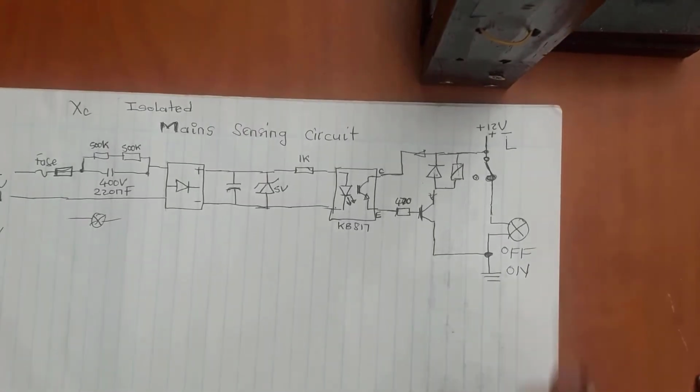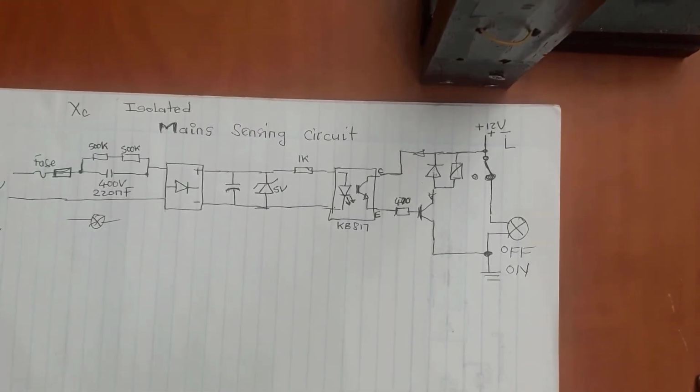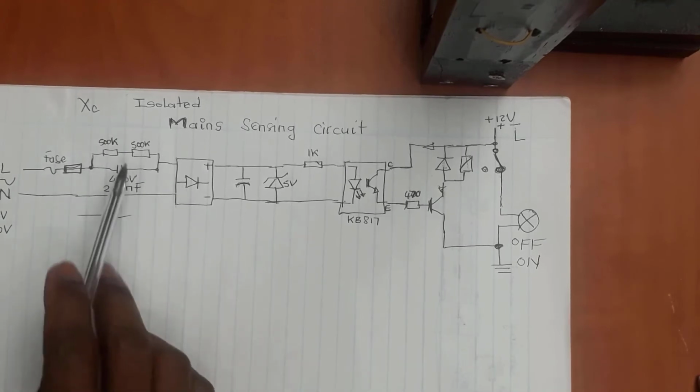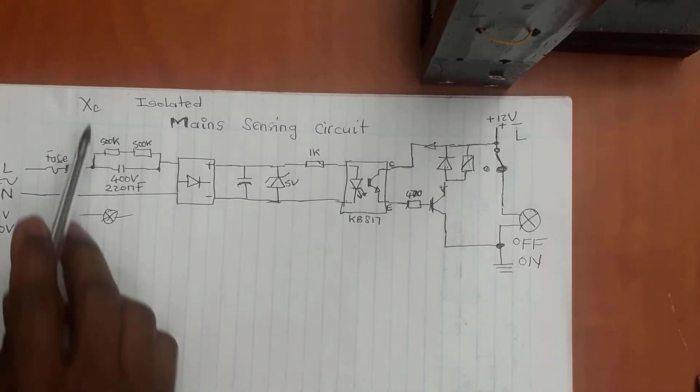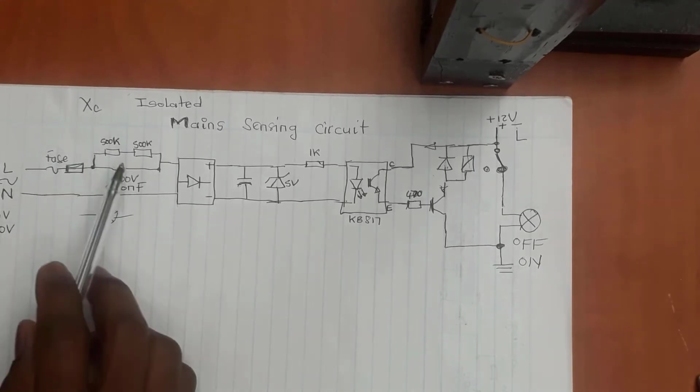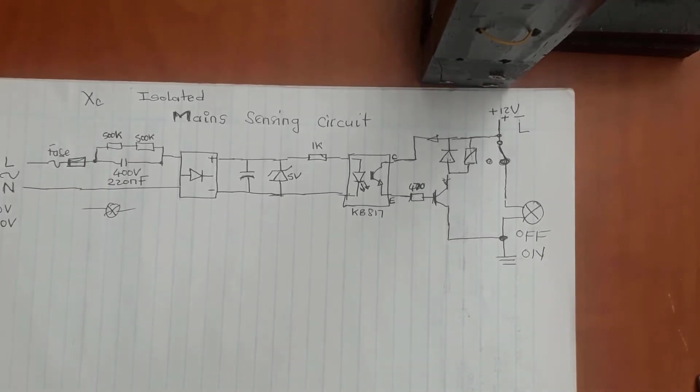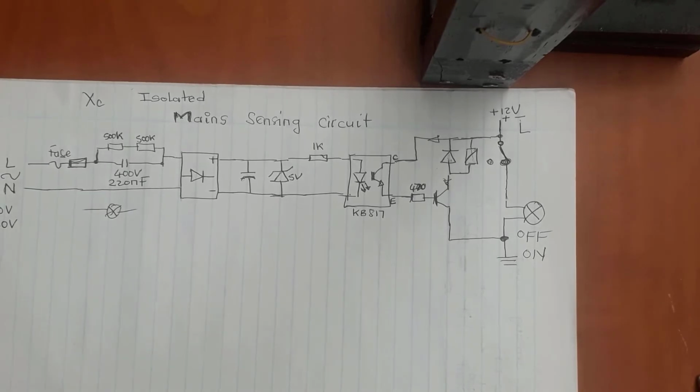Now we need to do another calculation, and that will be how to calculate this current that's going on here. I've already said in the beginning that this current is limited by your XC, which is your capacitive reactance. Now it's very simple to calculate that.